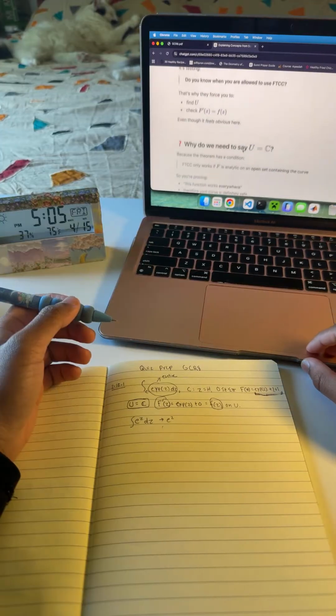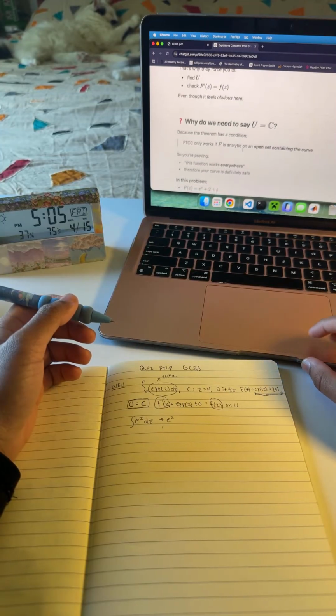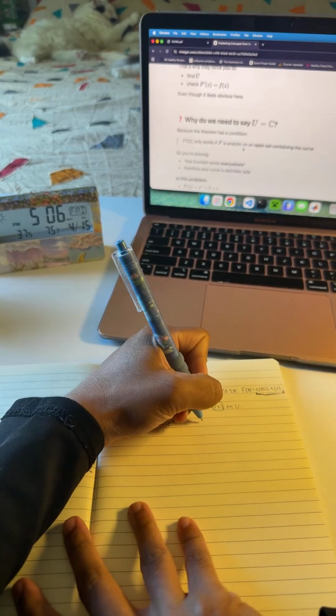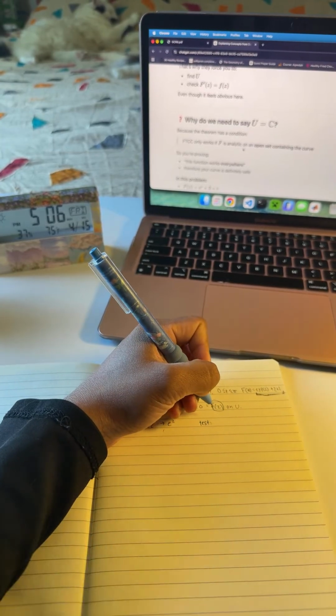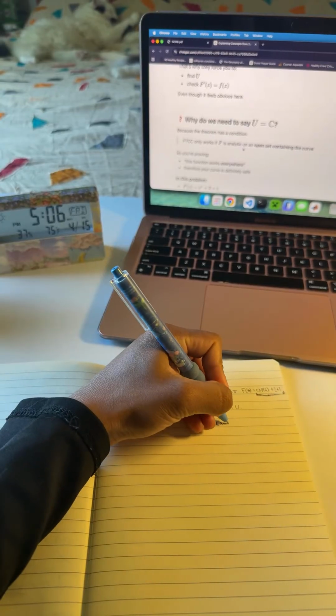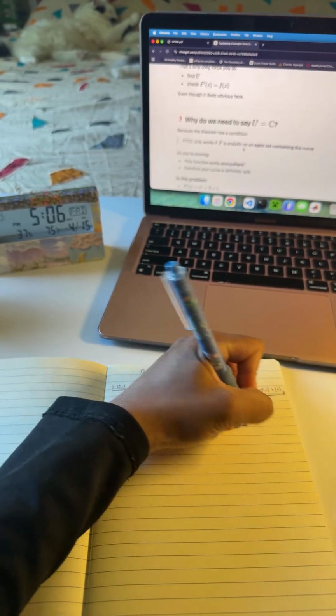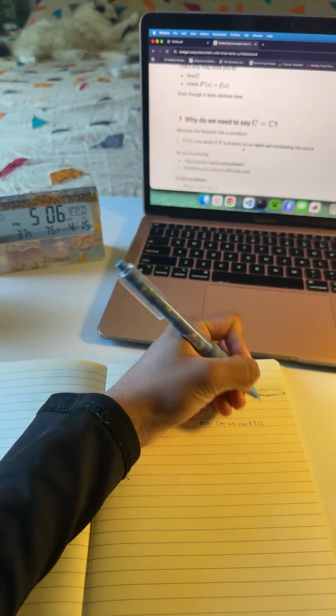So the real testing here is, can we use the fundamental theorem of complex calculus?